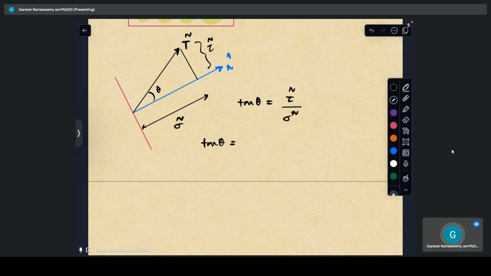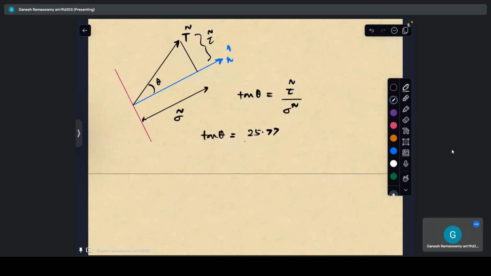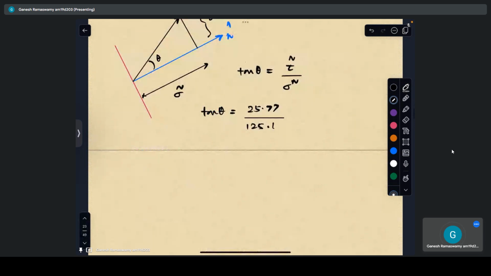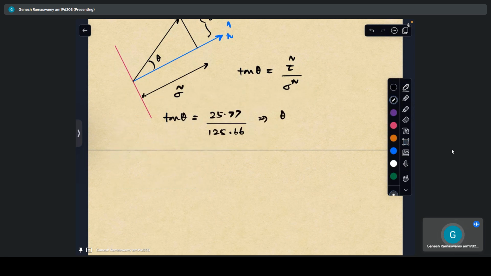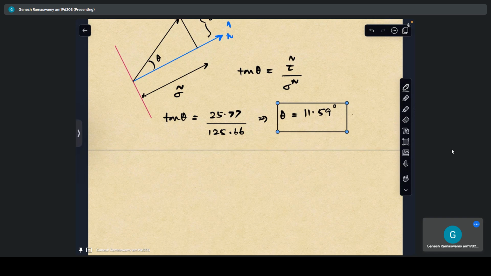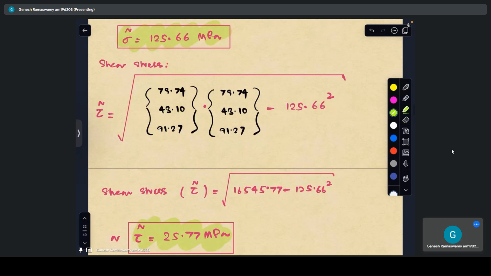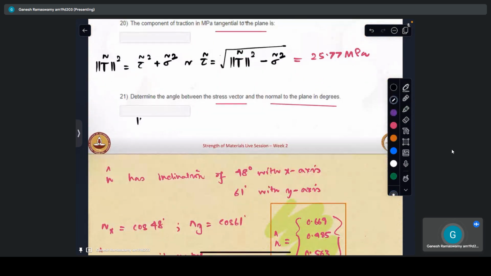So tan theta is 25.77 by 125.66. So from here it follows that the angle comes out to be 11.59 degrees. So this angle is 11.59 degrees.